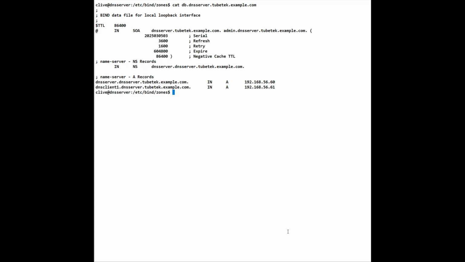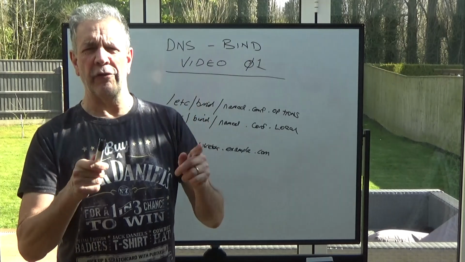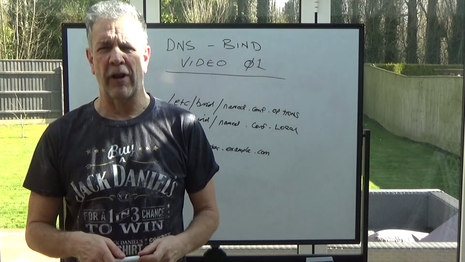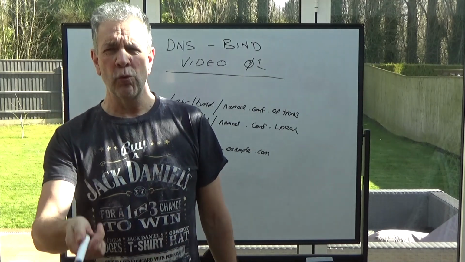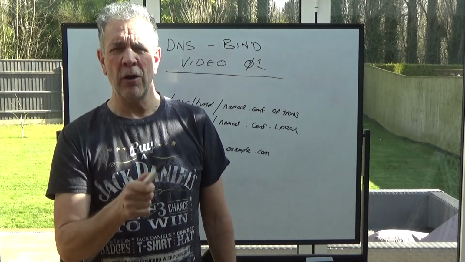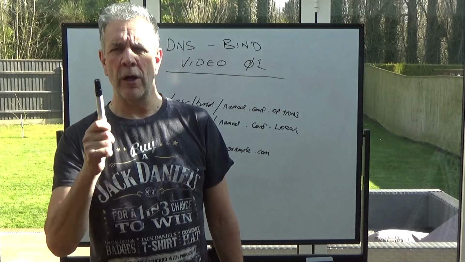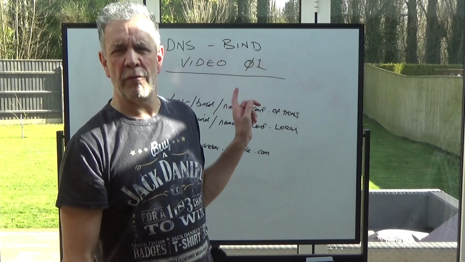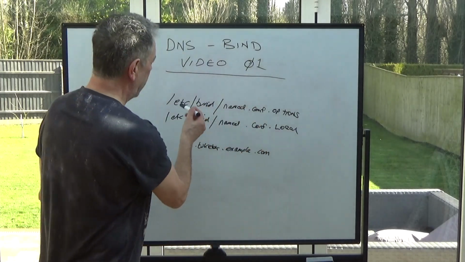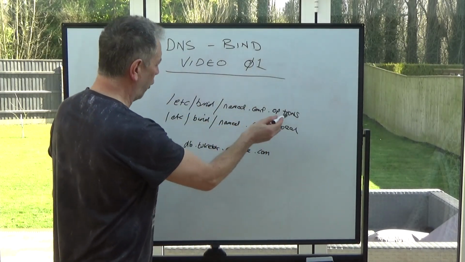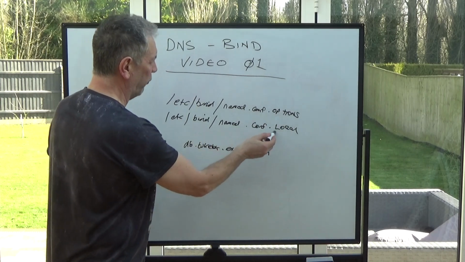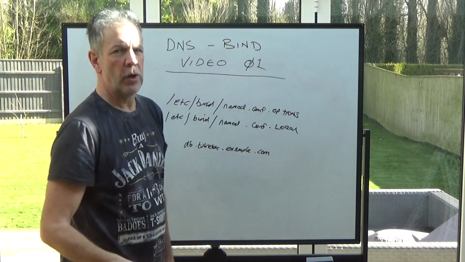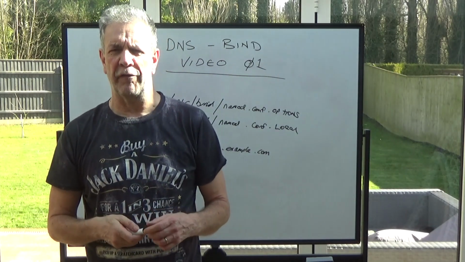this video. Let's summarise what we learned in today's lesson, which was video 1 of DNS bind installation. So we installed bind9, bind9-utils and bind9-doc. We also configured the following files that I've already put up on there, which is /etc/bind/named.conf.options, /etc/bind/named.conf.local and db.tubetech.example.com, which was our master file.